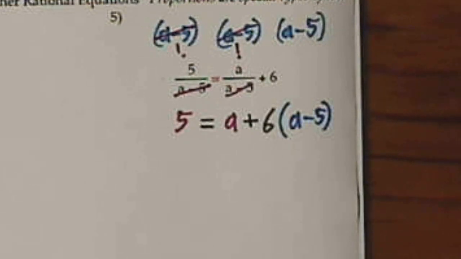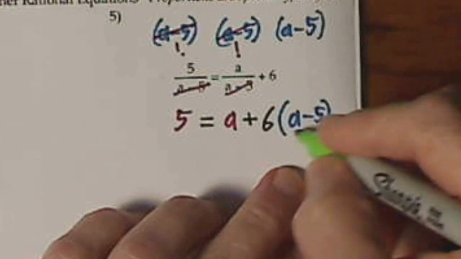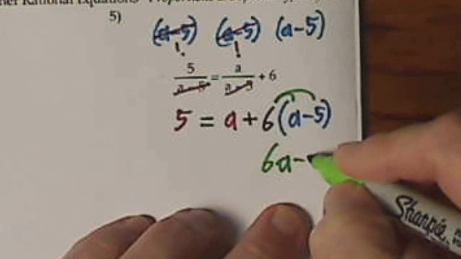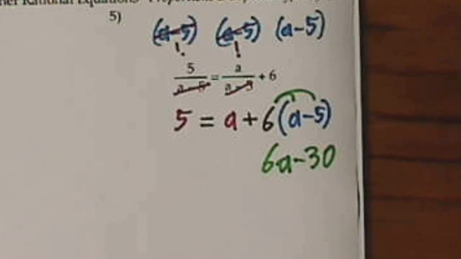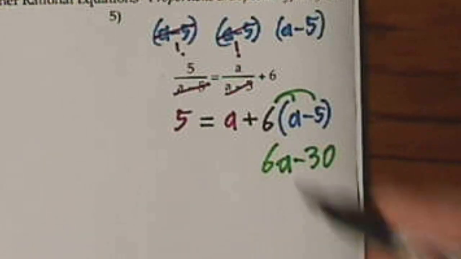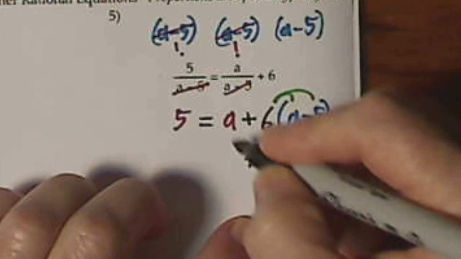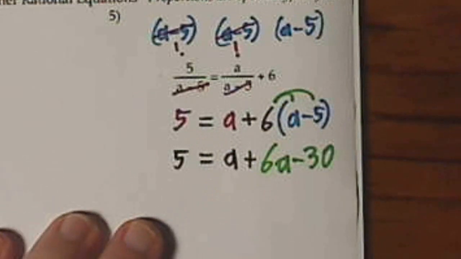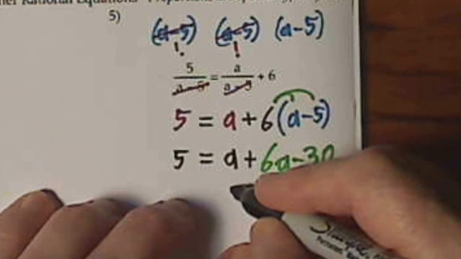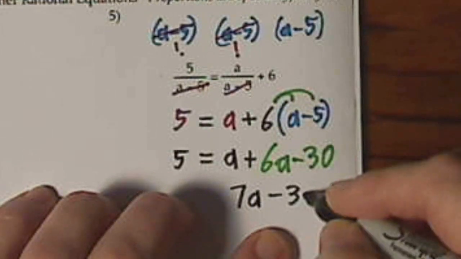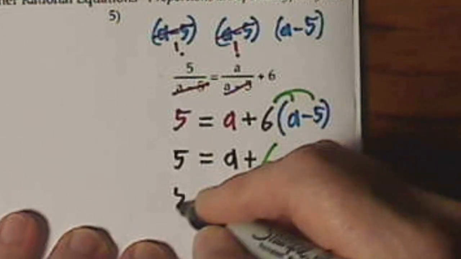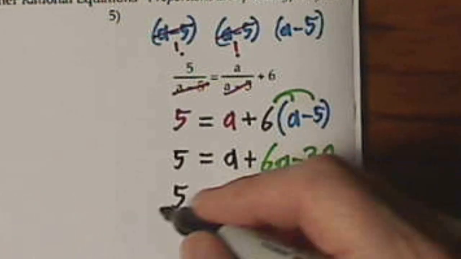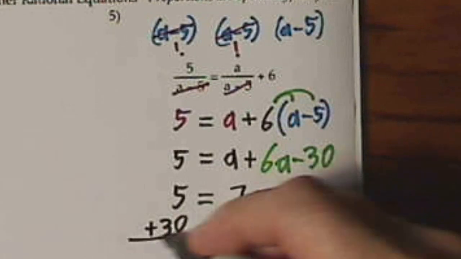All right, now we want to get into this set of parentheses, so send in your 6. This will give you 6a minus 30. And just bring everything else down. This plus sign, the a, and the 5. Certainly you can combine like terms, so that's 7a minus 30 equals a 5. Get rid of your 30. So add 30 to each side.